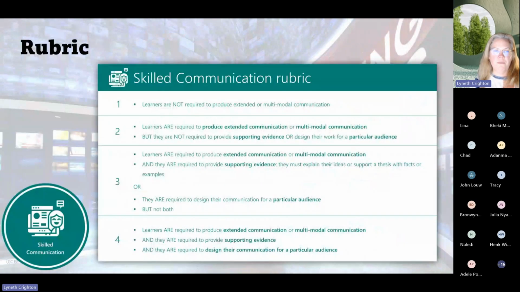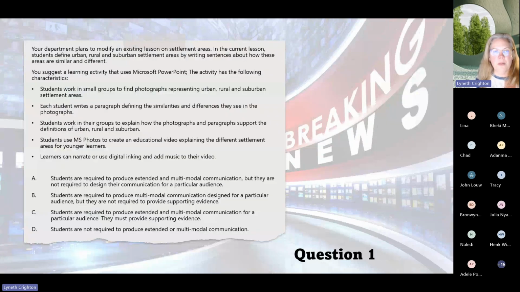So if you think of the skilled communication rubric, it is multimodal because they are creating a video and they can narrate it or use music and inking.